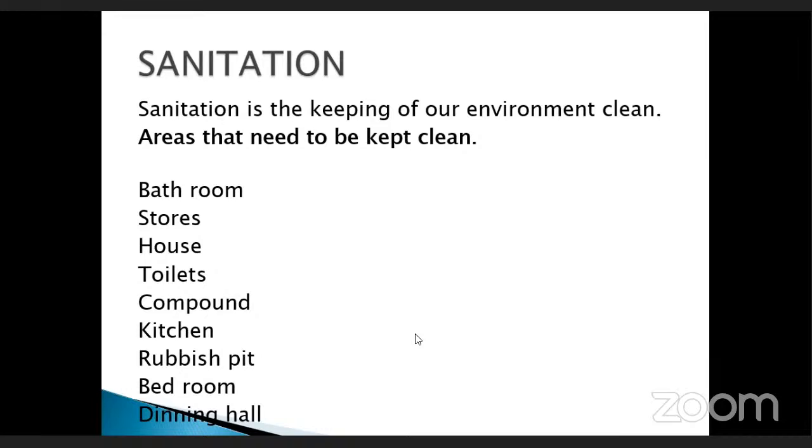As simple as that. So Mark has talked about sweeping, mopping the stores, mopping the house, scrubbing the toilets, sweeping the compound. What about the kitchen? How are you going to clean the kitchen?